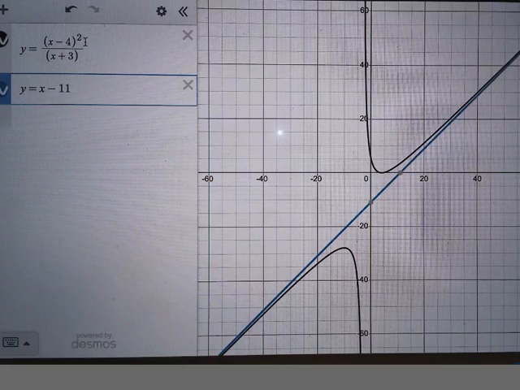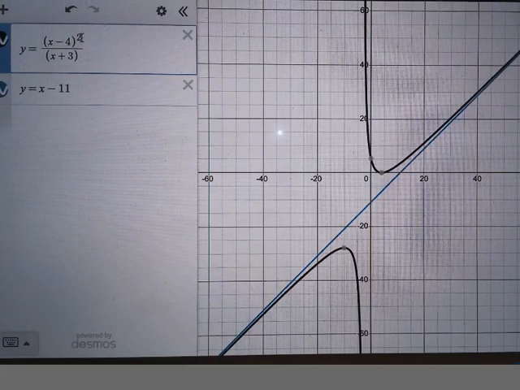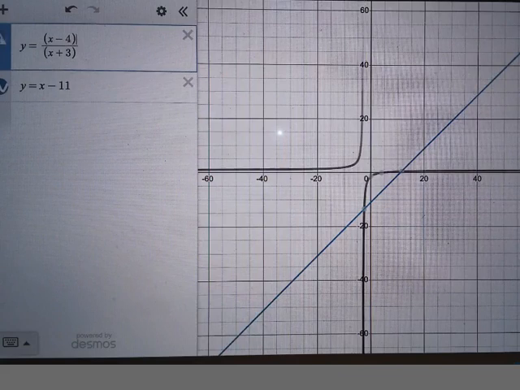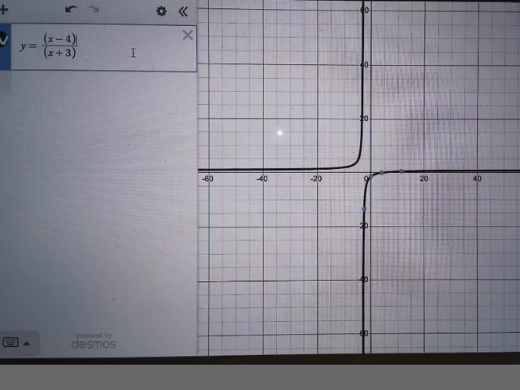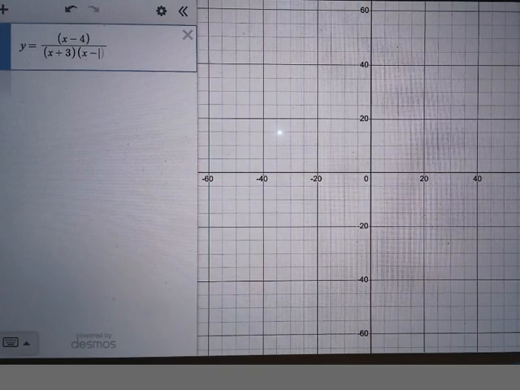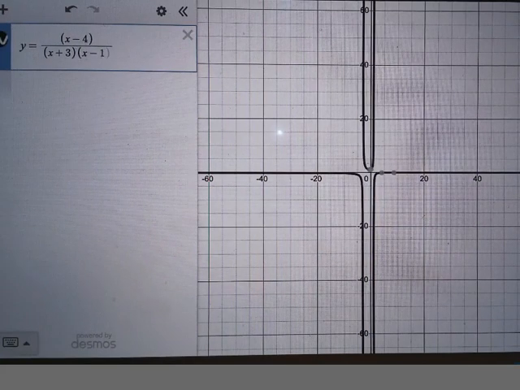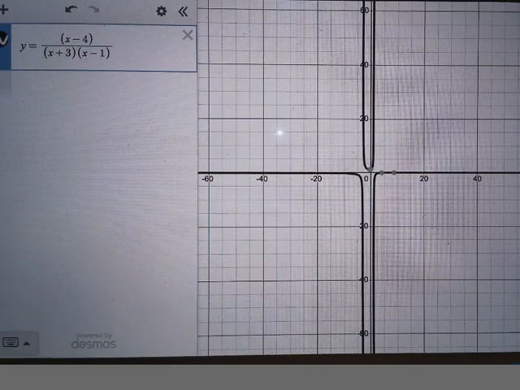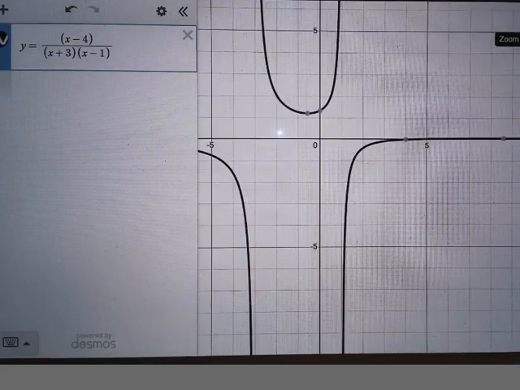Now, let's do one more thing here. Let's make it just not an oblique asymptote, and let's get rid of that. And let's put in, down here in the denominator, x minus 1. And let's get closer to it.